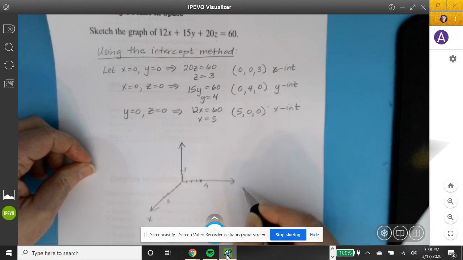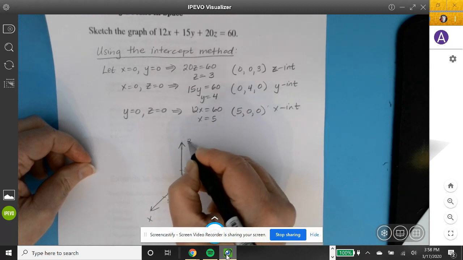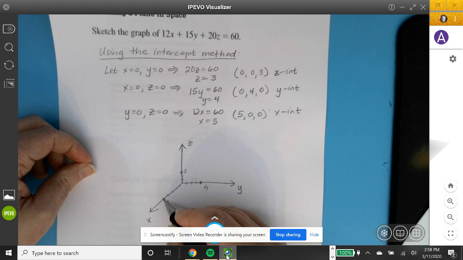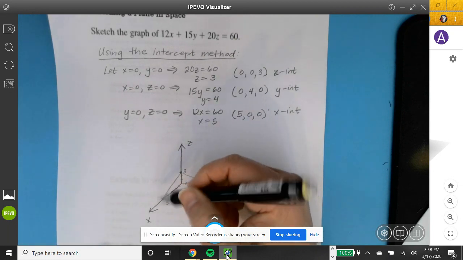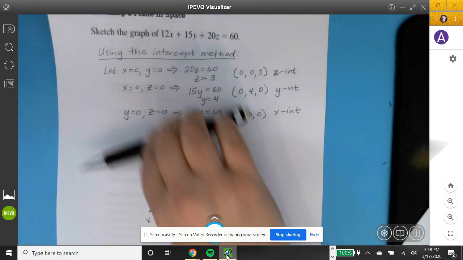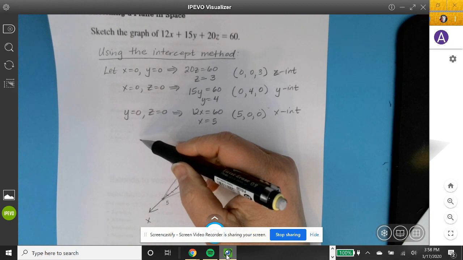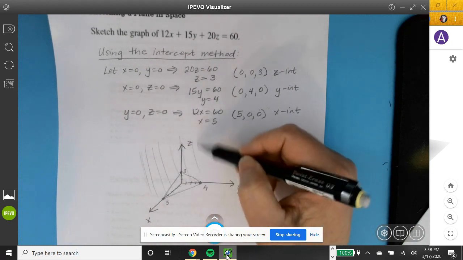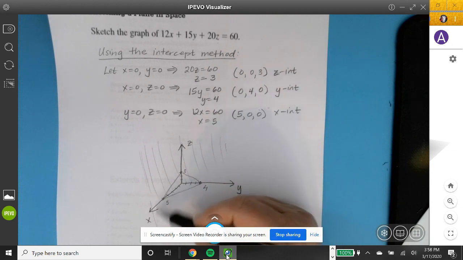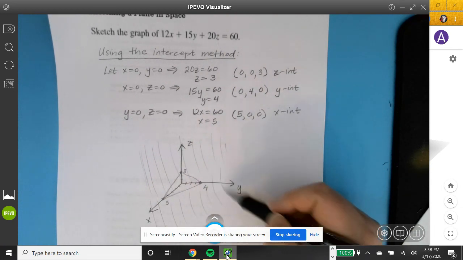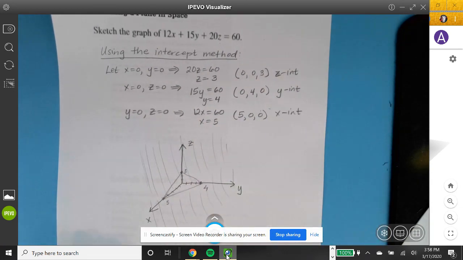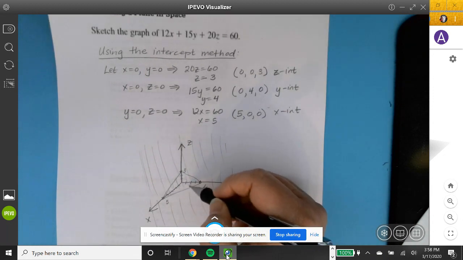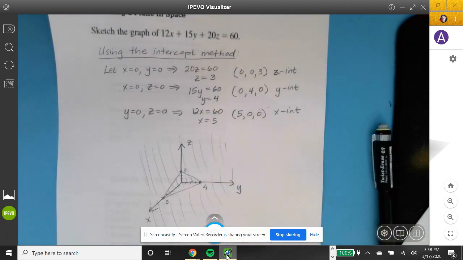So this is x, y, and z. And then these 3 points would be the triangle part of the plane that's extending through the XY plane. I'm a terrible 3D artist, but hopefully you get the point, and you will when I do it right now on Geogebra.